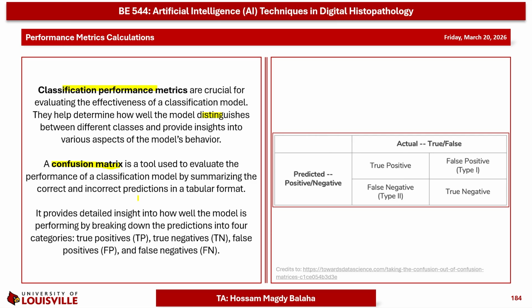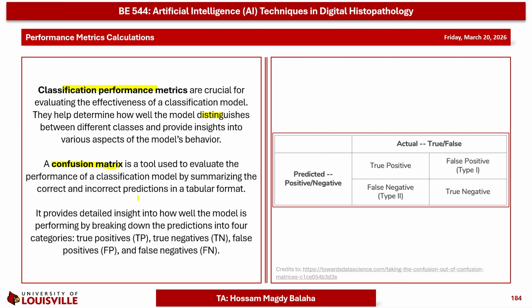and from it, how we can calculate the different performance metrics. So a confusion matrix is an n by n matrix. If you have two classes, you will get a 2 by 2 matrix, and if you have 4 classes, you will get a 4 by 4 matrix. So n here reflects the number of categories. Let's assume for now that we are dealing with a 2 by 2 matrix.